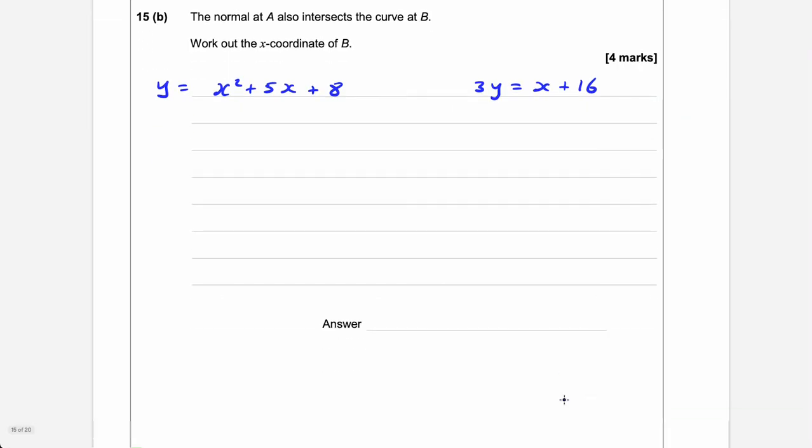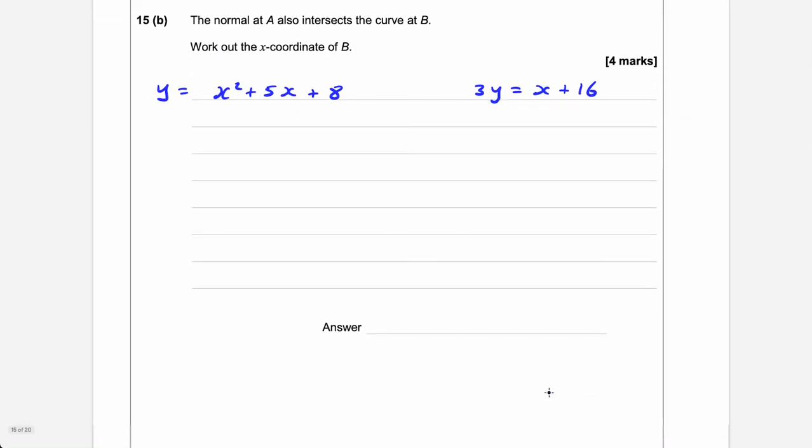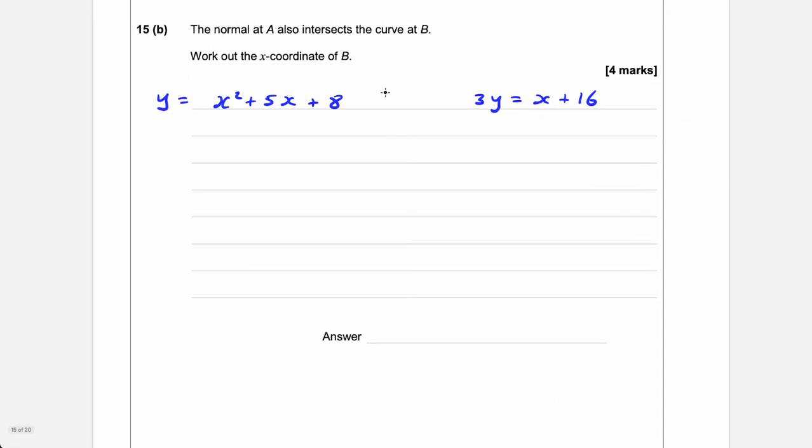So this is like simultaneous equations, guys, but one of them is a quadratic. I could, let me think what I will do. I think the best thing to do in this situation, guys, is to just divide this by 3 here. So I get y is equal to x plus 16 over 3.